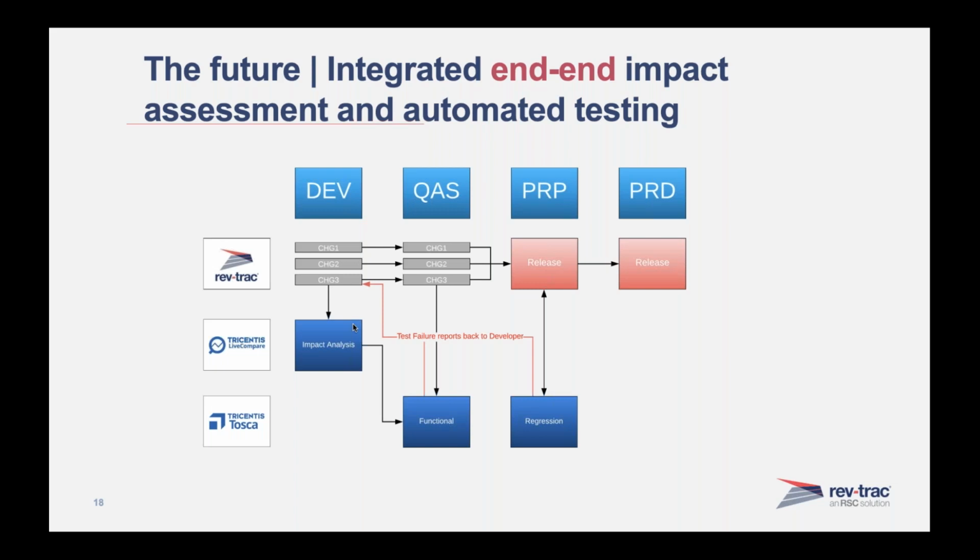They're unable to progress to the QA system unless there's a suitable amount of test coverage inside of Tosca. They're unable to progress until they've utilized the Live Compare impact analysis.